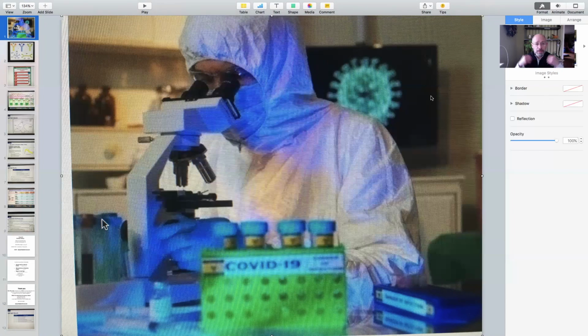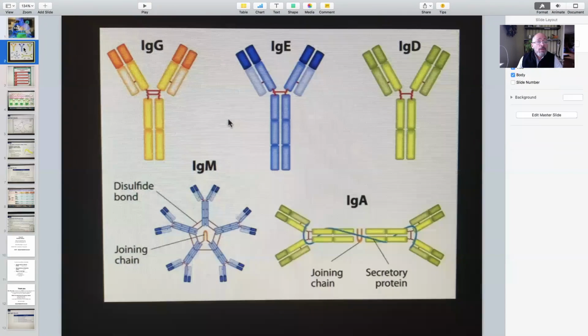Okay, let's just kind of get into more of the antibody stuff. So what exactly is an antibody, right? We have different types of antibodies: IgA, IgM, IgG, IgE, IgD.